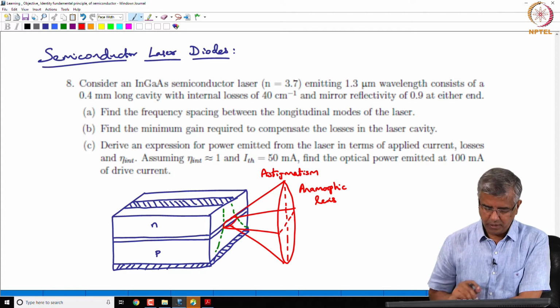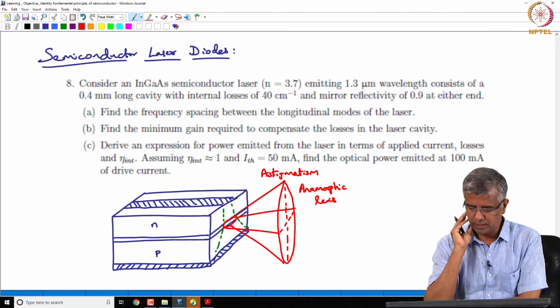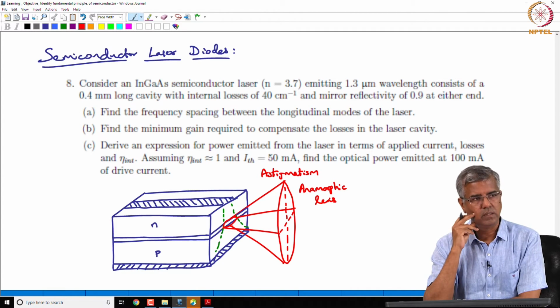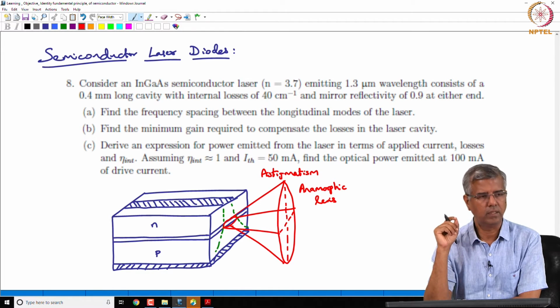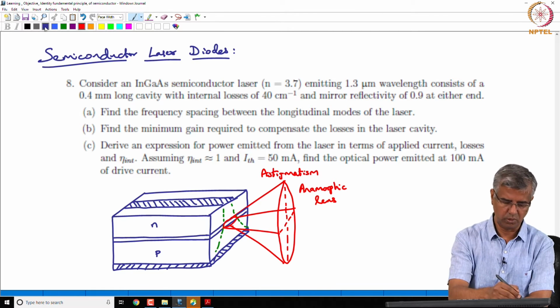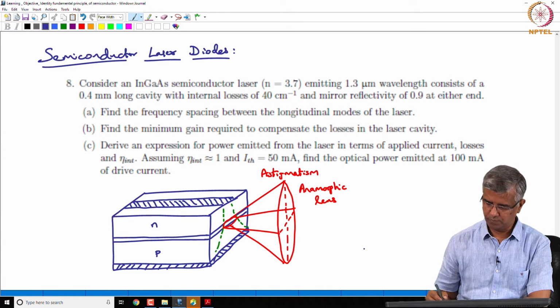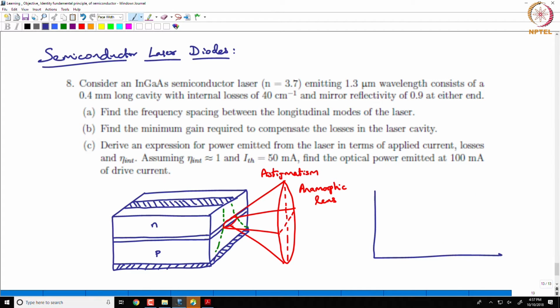But anyway, coming back to answering this question, we first of all need to understand what gain we are able to achieve as a function of the injection current. So let us first try to look at the gain as a function of injection current for different energy of light that is emitted.